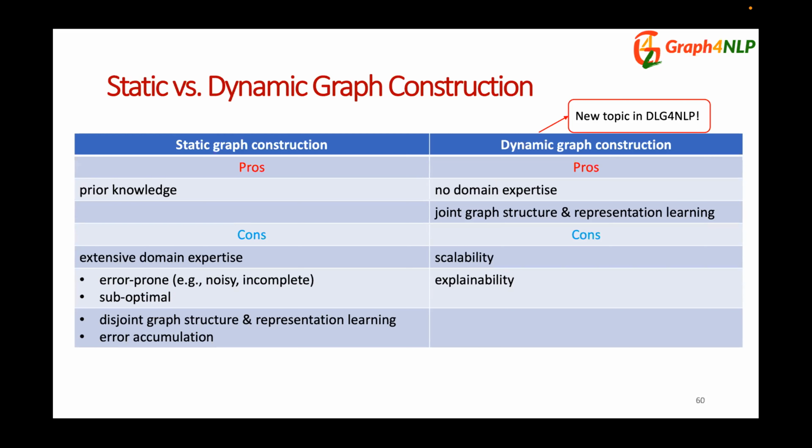But these are also good future directions. For example, there is very active research on improving the scalability of dynamic graph construction approaches by leveraging techniques like kernel-based methods, random feature-based methods, and so on.